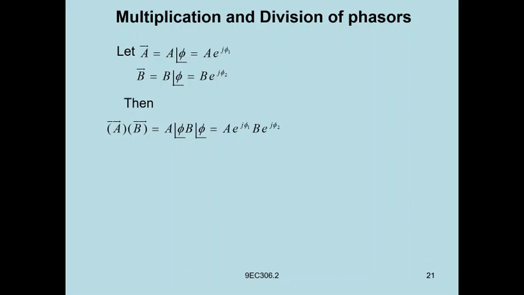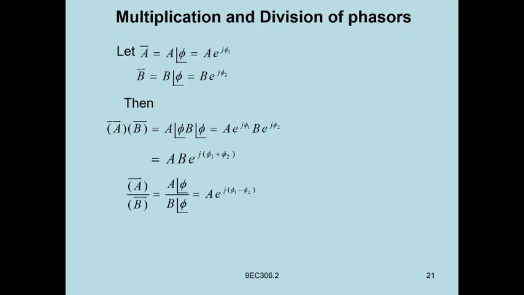So here the two magnitudes are multiplied and the angles are added. That is equal to AB e to the power of j(phi 1 plus phi 2). This we can also write as AB at an angle of phi 1 plus phi 2.